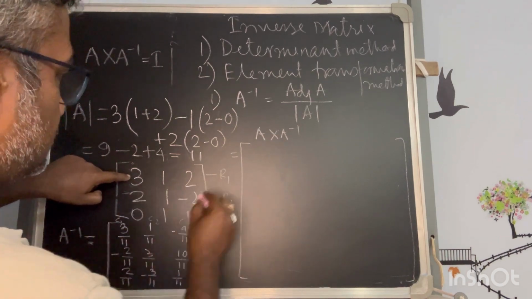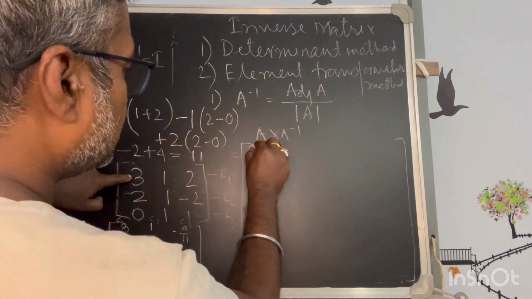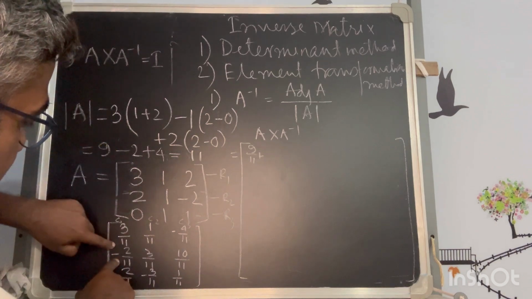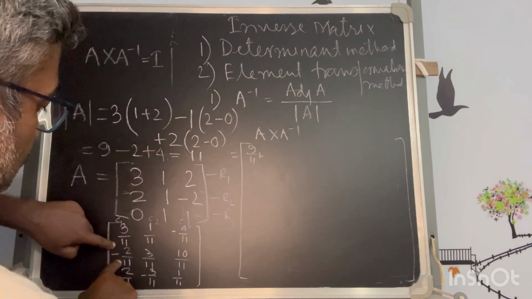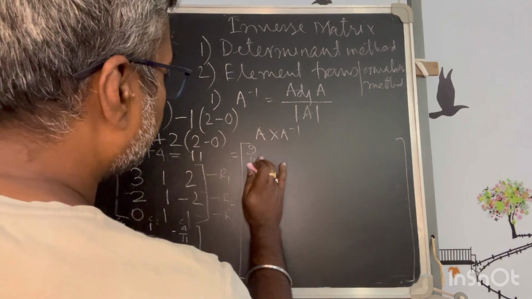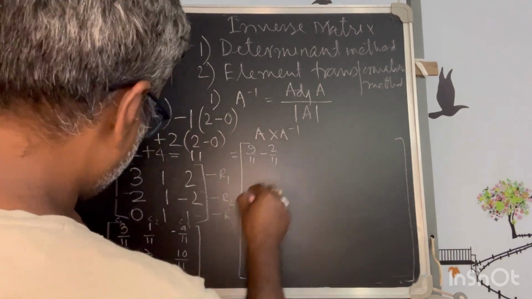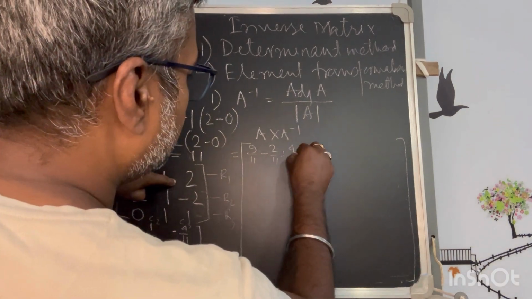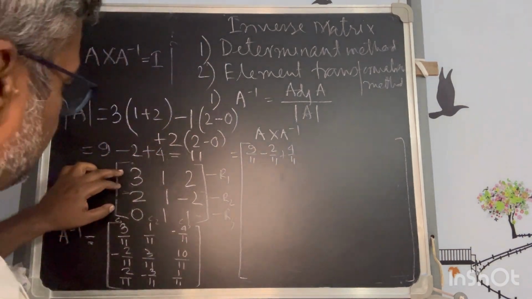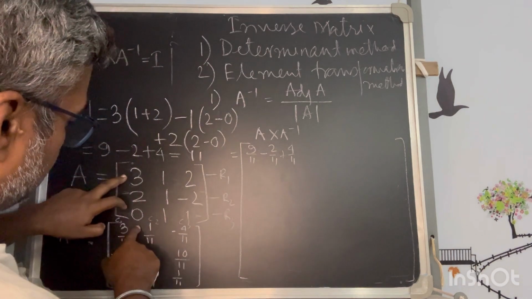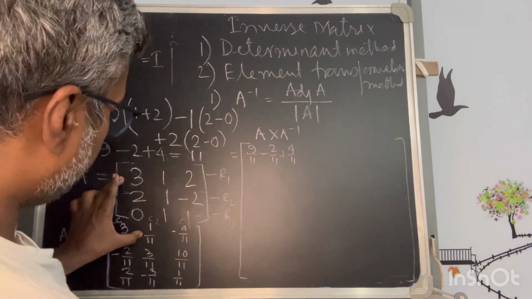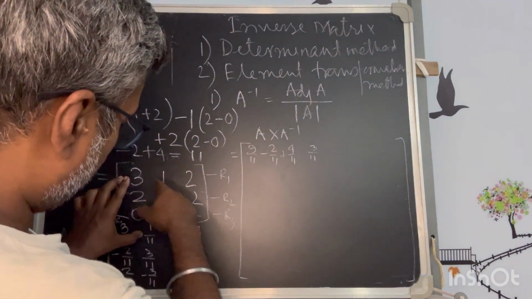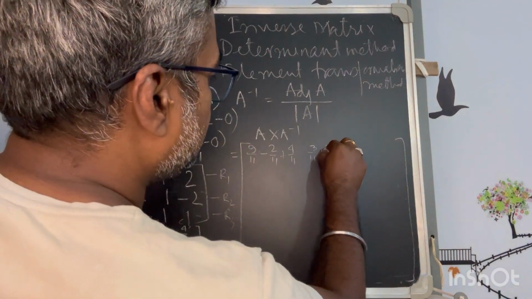So this is 3 into 3 means 9 by 11 plus 2 into minus 2 by 11, so this will become minus 2 by 11, and the third one is 2 into 2, that is equal to plus 4 by 11. So this is my first term. Second term, row 1 into the second column. So 3 into 1 means 3 by 11. Second one, 1 into 3, so again 3 by 11.